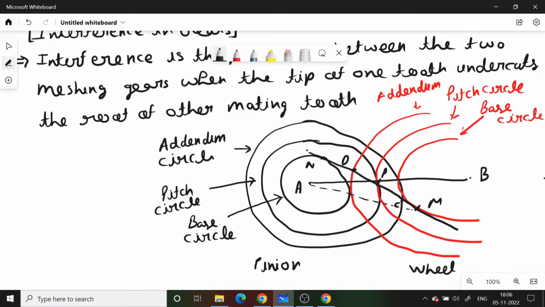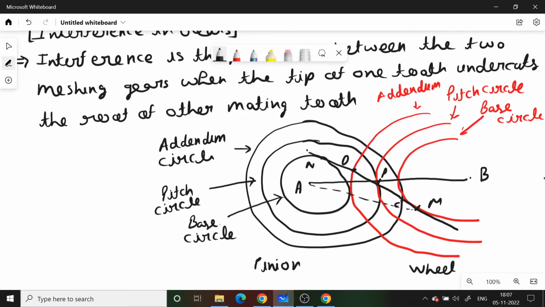Here, pinion gear with center A is in mesh with wheel gear with center B. The line of action will be along MN, which is the common tangent to the base circles of the two gears. The line CD is the path of contact between the two mating teeth, in which AC is the addendum radius of the pinion, and BD is the addendum radius of the wheel.